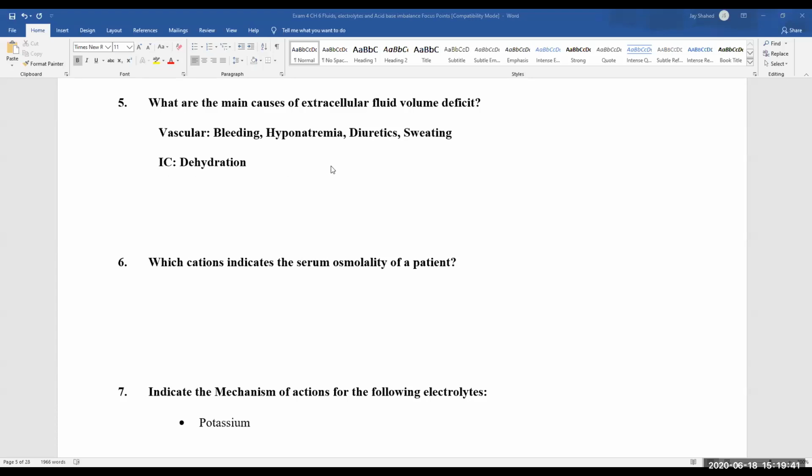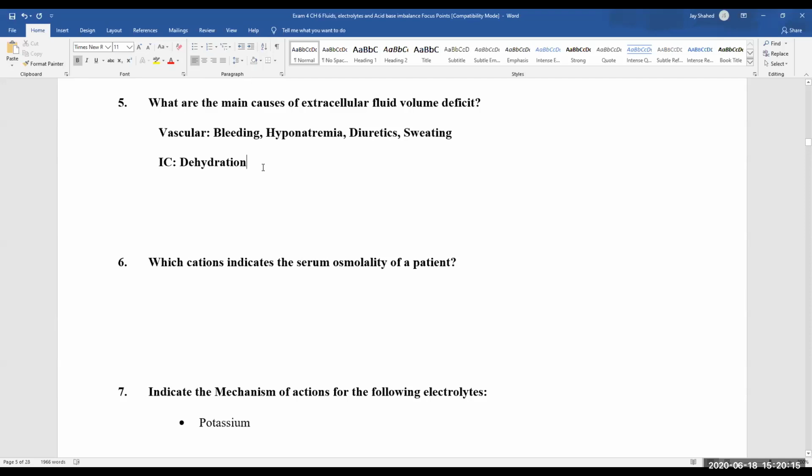So if we call this dehydration, can that affect only the vascular, or can it affect also the interstitial? I think it can affect both. Yeah. So you can be dehydrated and lose fluid from both, not only the vascular. Because as soon as you start losing fluids from here, the interstitial is going to move into the vascular to substitute. So you lose fluid from the interstitial area.